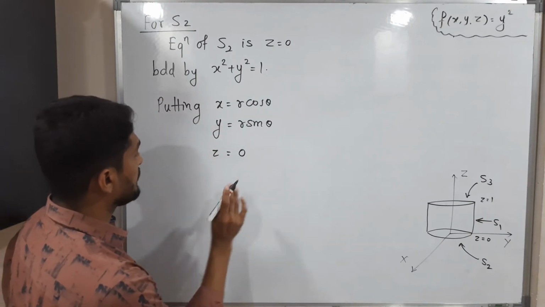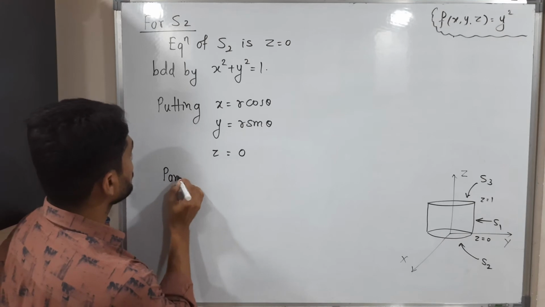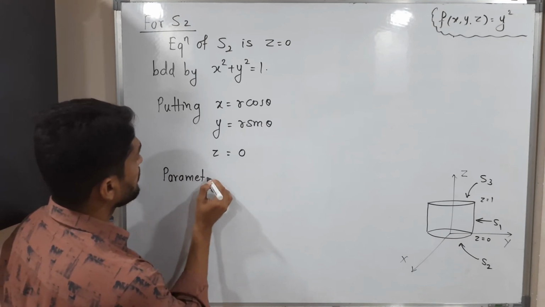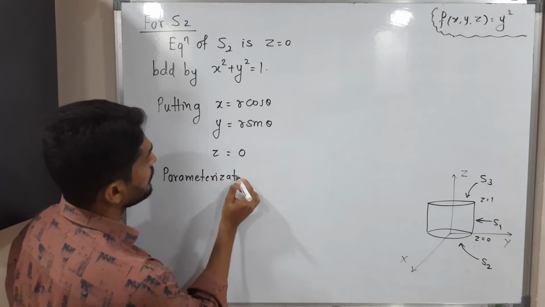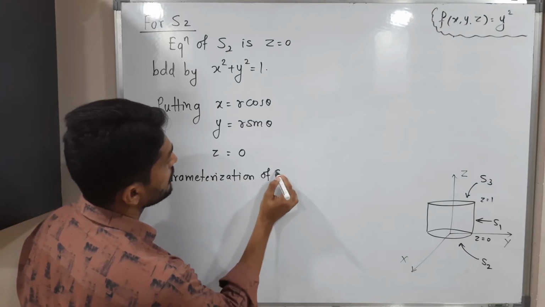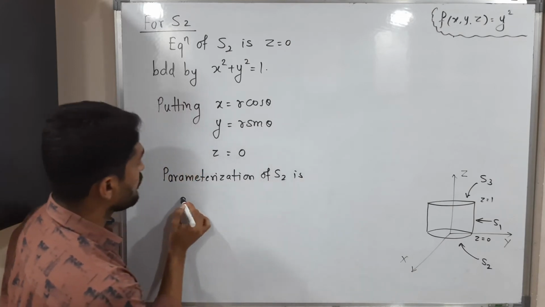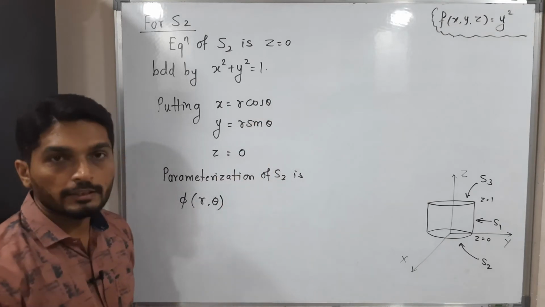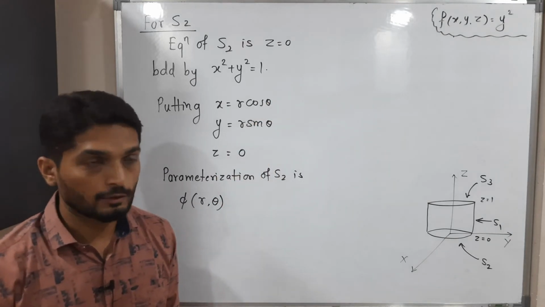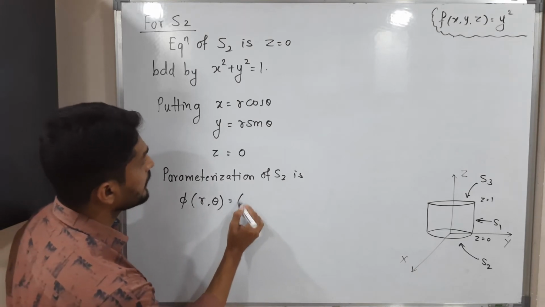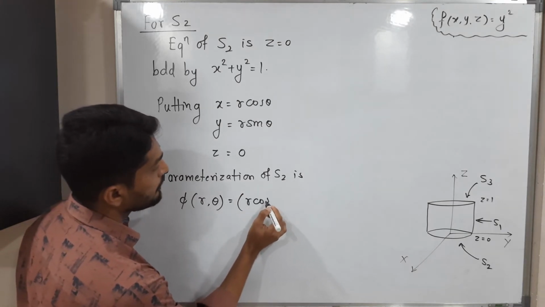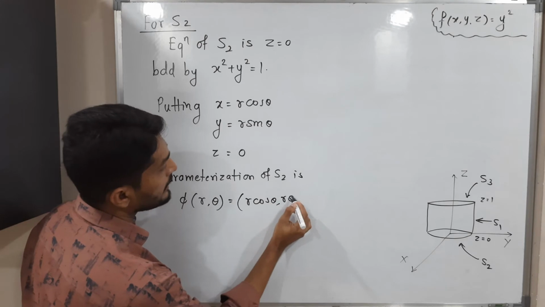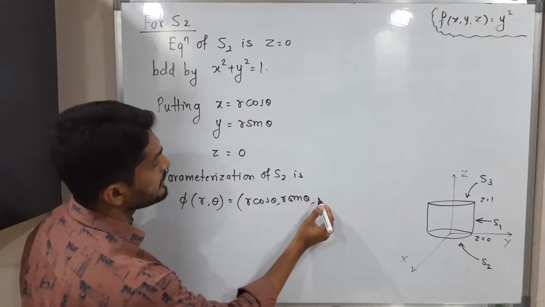So here let me write the parameterization of S2 as phi of r and theta. With the help of r and theta, I am going to express x, y, z. So phi of r theta: x is r cos theta, y is r sin theta, and z is 0.